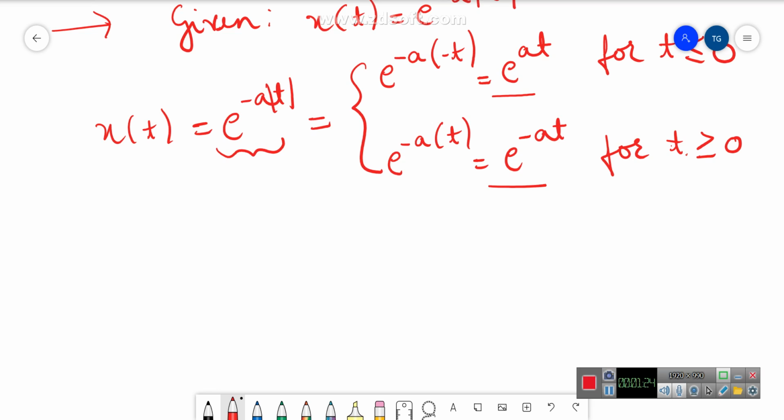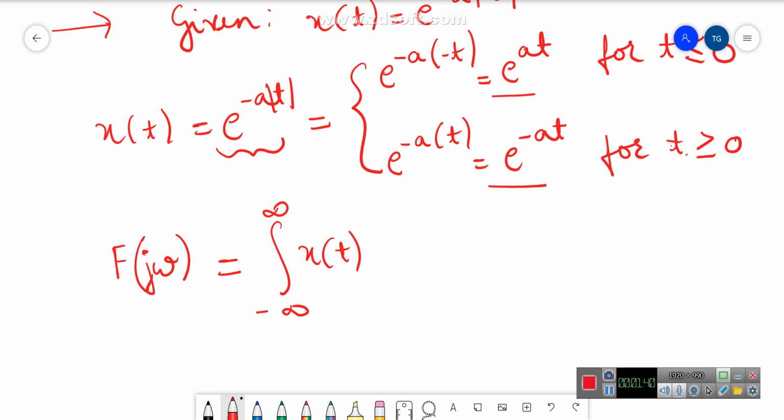So now we know the Fourier transform equation: F of omega or F of j omega is equal to the integration from minus infinity to infinity of whatever the x of t value is, into e to the power minus j omega t, into dt.